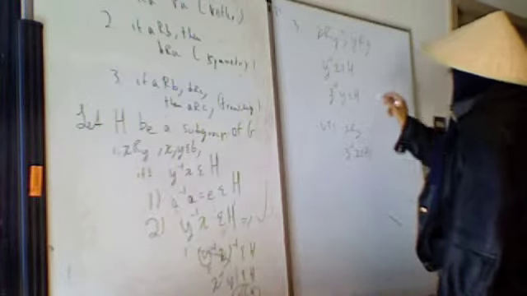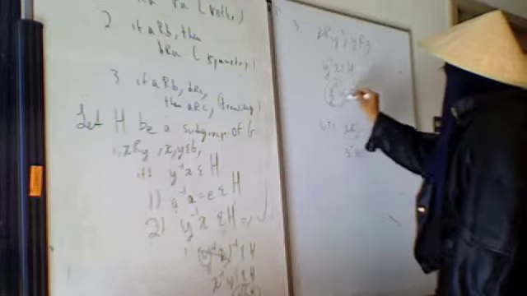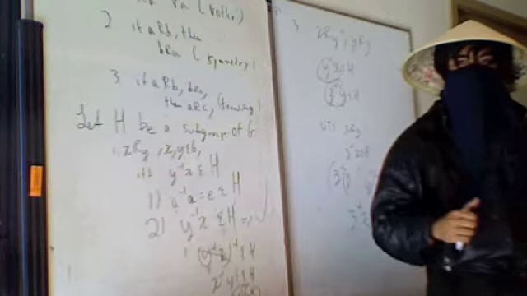Very simple. I know these are in H, and H is closed under multiplication. So I take z inverse y, which is in H, and multiply by y inverse x, which is in H. By associativity, z inverse y times y inverse x, which is z inverse x, is in H. So z inverse x is in H, meaning that we have the third property, transitivity.